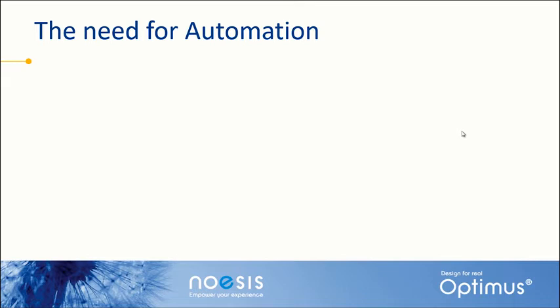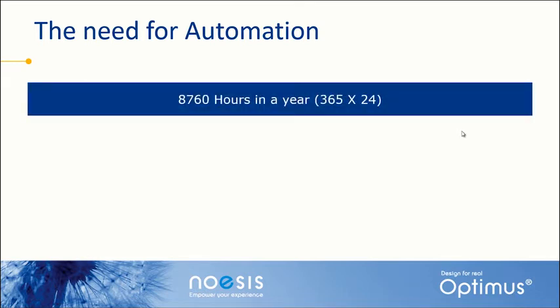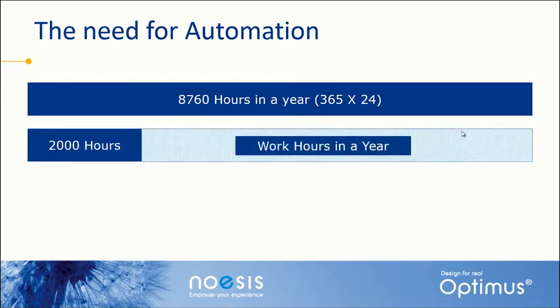As many of you realize, there's a very strong need for automation in our engineering work. It gives us the opportunity to spend less time on non-value-added tasks, scripting, file transfer, data transfer, things like that, and more time making engineering decisions. In addition, if we look at the amount of time we have in a year, about 8,700 hours, we're only spending about 2,000 working hours in a year.